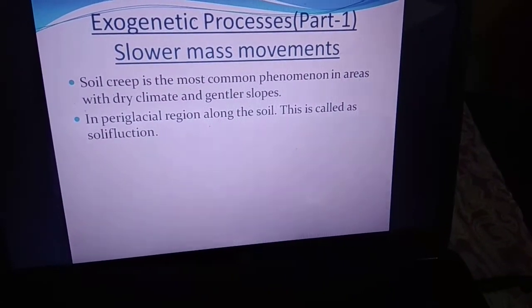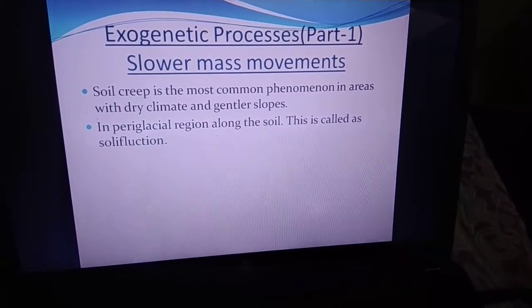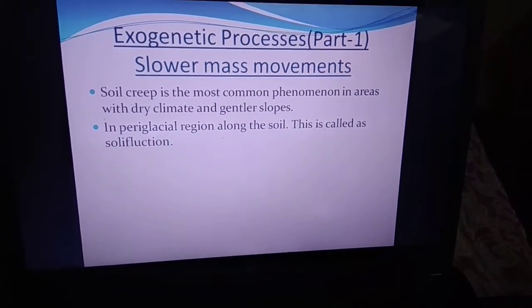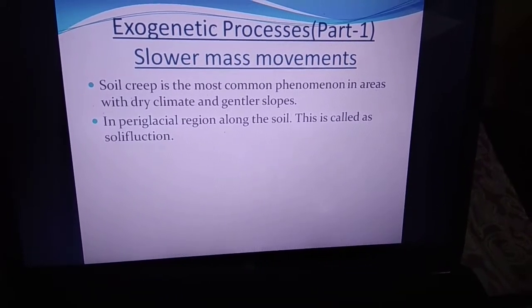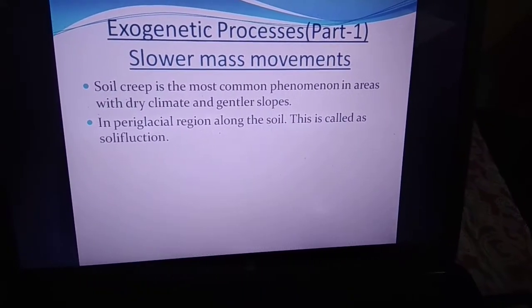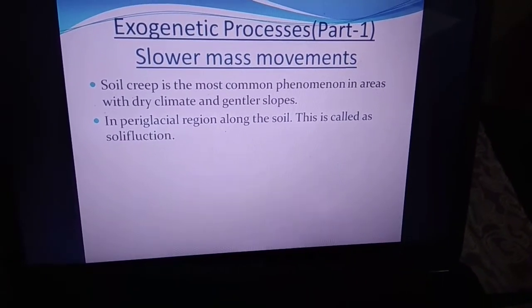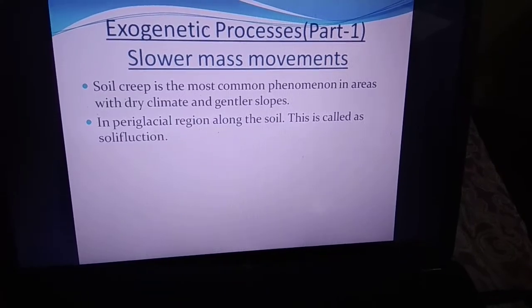As we already see in this slide, soil creep is the most common phenomenon in areas with a dry climate and gentler slope, and it is very common in slower mass movement. And the second point is the definition of solifluction: in periglacial regions, the flow of soil is called solifluction.